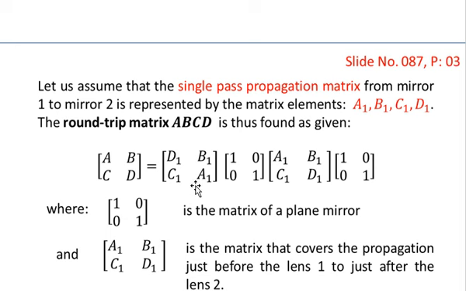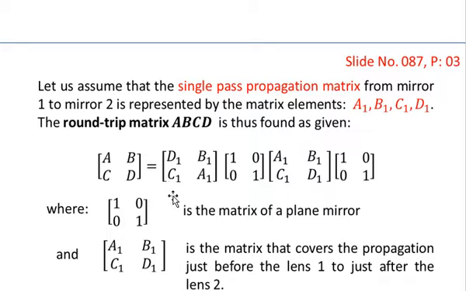Just before mirror M1, the matrix represents the field propagation backward from mirror 2 towards mirror 1. This is the matrix containing the same elements but in a different order. The element in the position A1 has been replaced by the element in the position D1, that is, we have interchanged the positions of A1 and D1.